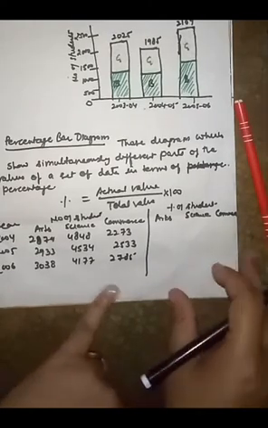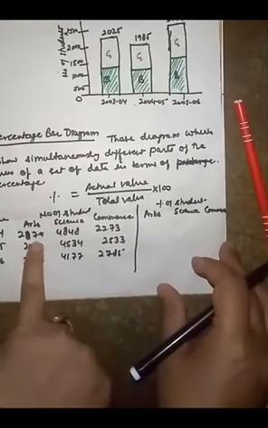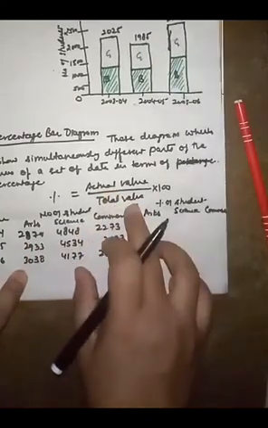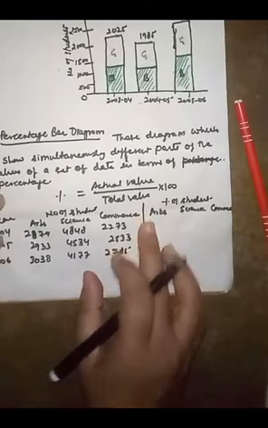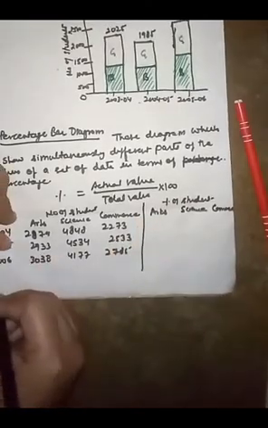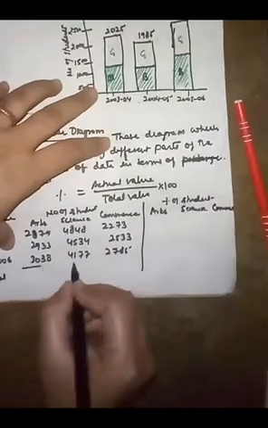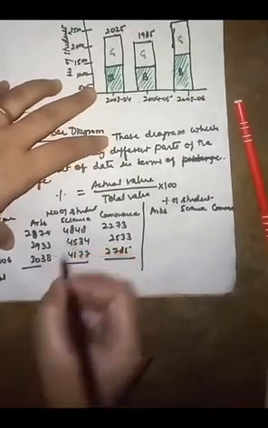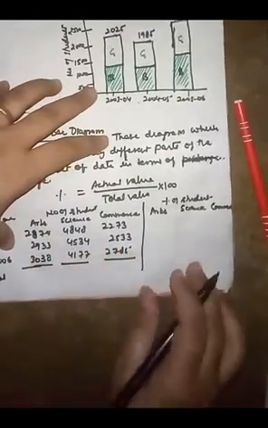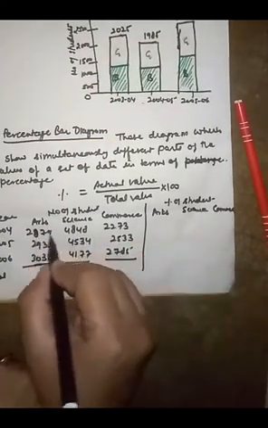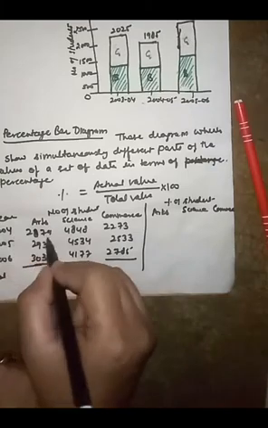So if you want to make the 2879, you need the actual value and the total value. Now you find the total value. So I total, add all three values of the same year.